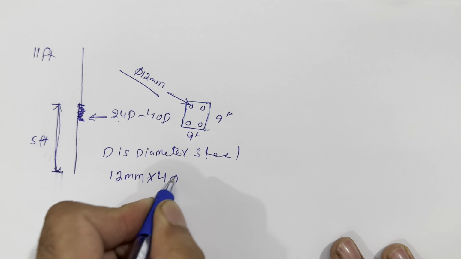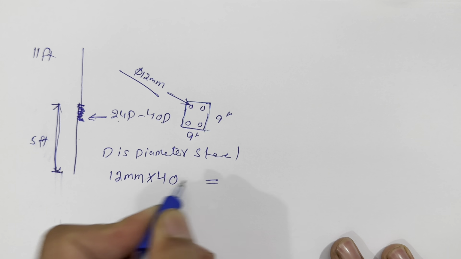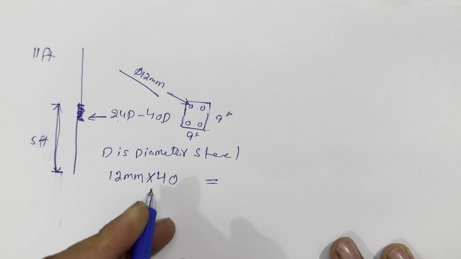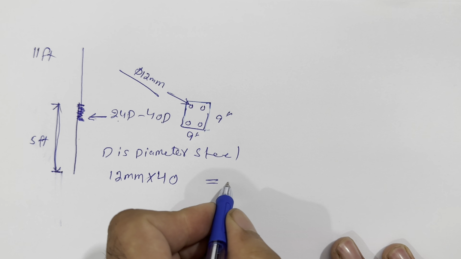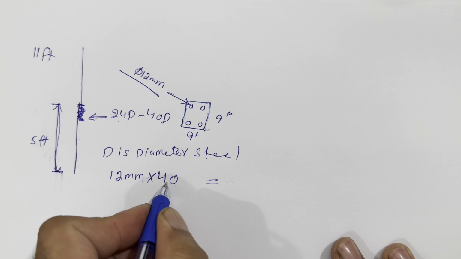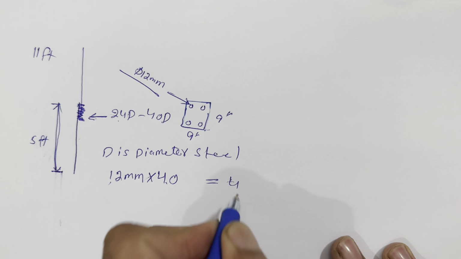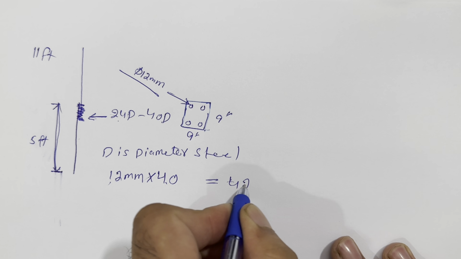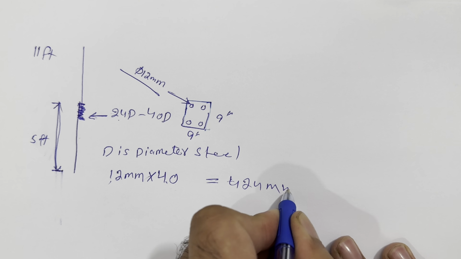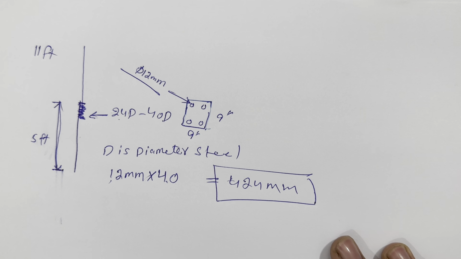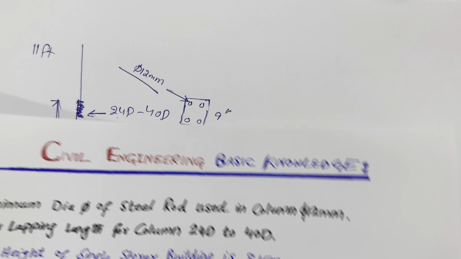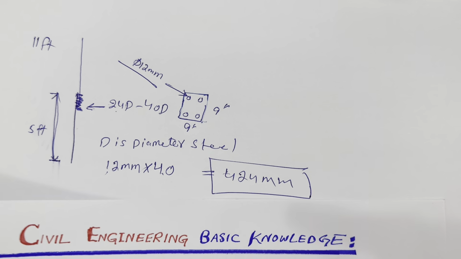For example, I'm keeping 40, so when you do 40 times 12, we require about 480 millimeter. So you can say this is the lapping length. It should not be less than this, from 24D to 40D.